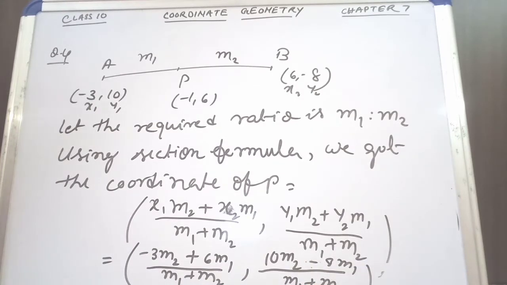Now also given that coordinate of P is (-1, 6). This is coordinate of P and also this is coordinate of P.